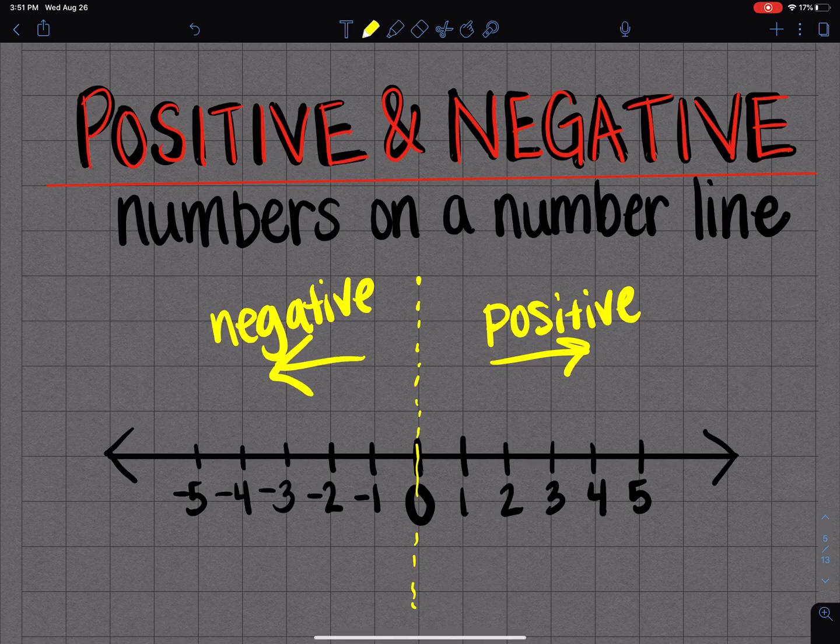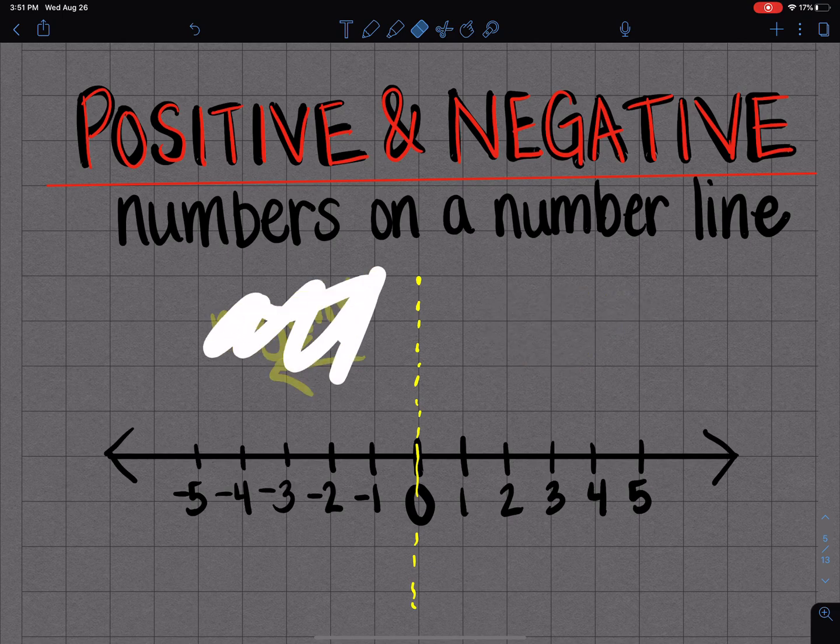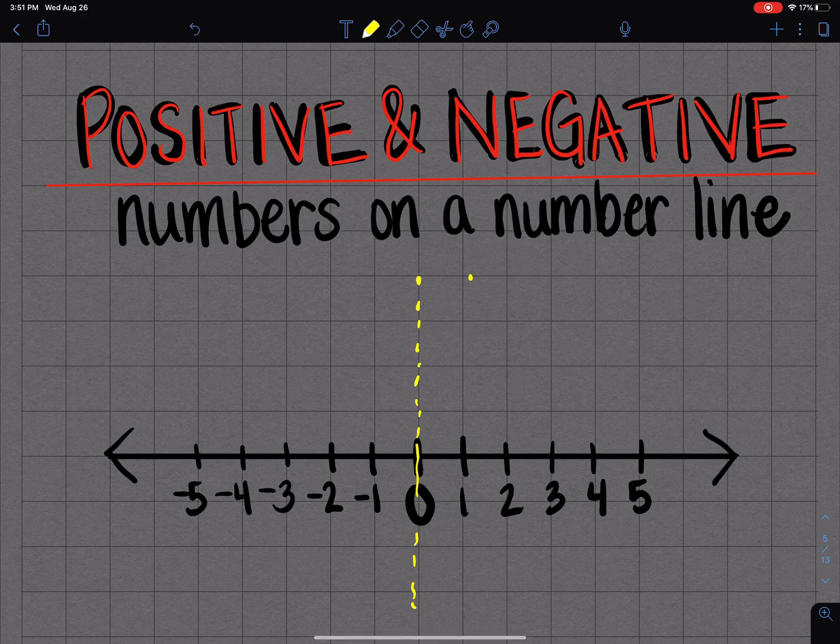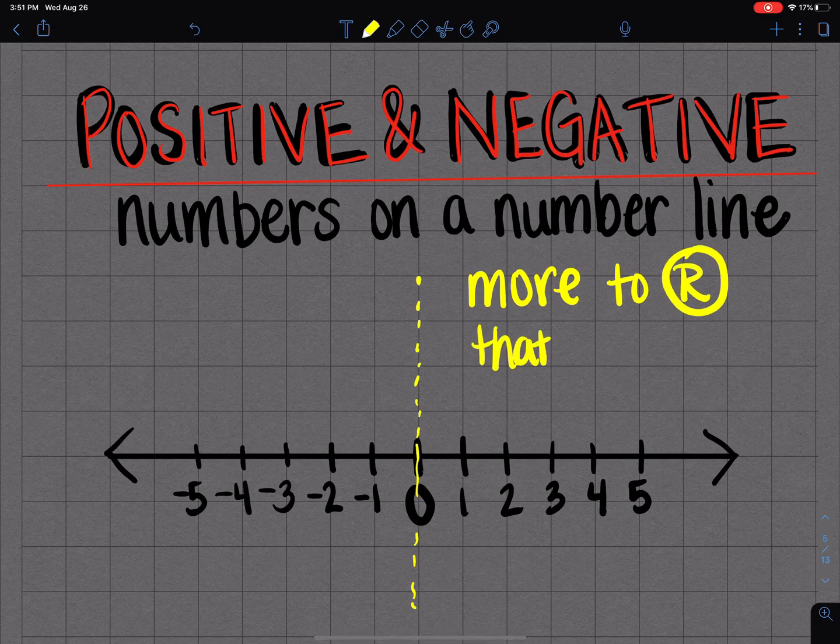And the other thing that you can do when you compare numbers, and this is super interesting, is that if it's more to the right, then that number is greater.